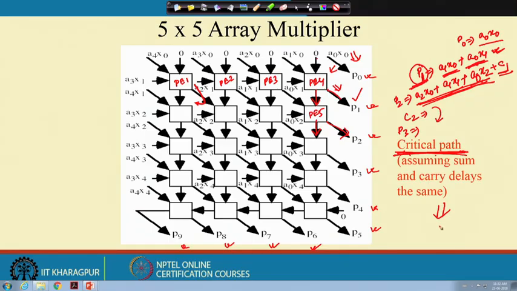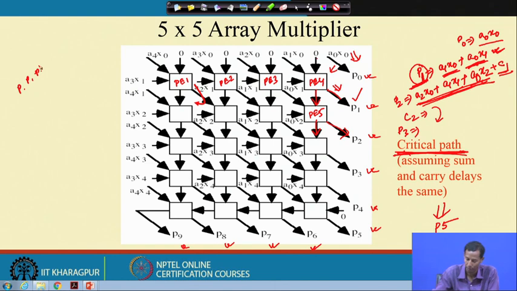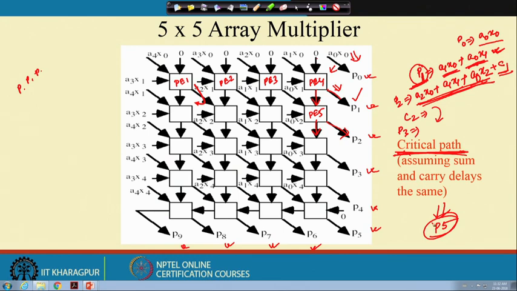At that time it is the middle position, P5 or P4. For the P5 position I will get the depth as maximum.